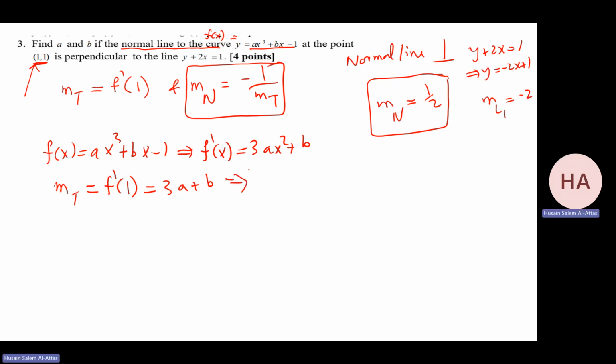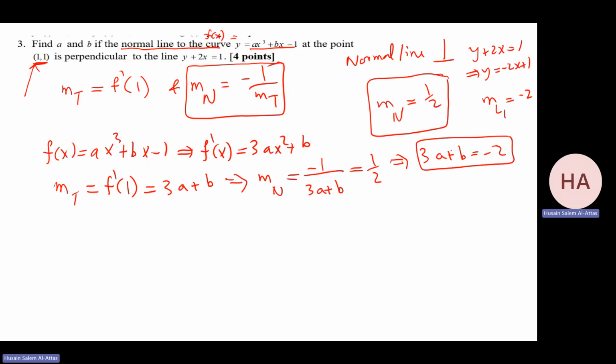That implies m normal equals minus 1 over 3a plus b. Okay, minus 1 over m tangent, and it should be equal to half. So it means 3a plus b equals minus 2. This is the first equation.